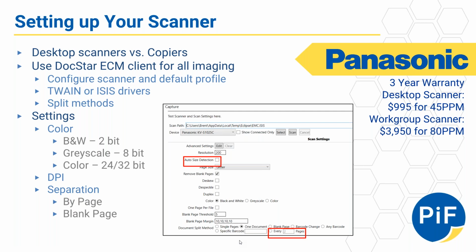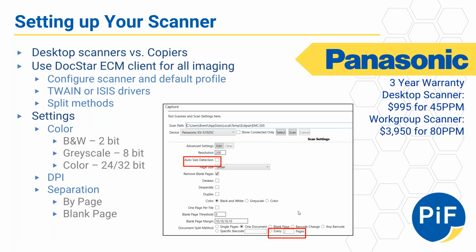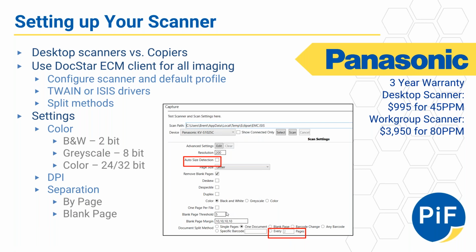Now, in some cases, it might be a mixed value in terms of the number of pages. So that's where we're going to use things like a blank page. The tough thing with a blank page, though, is that it doesn't always read blank. There's varying levels of white when it reads that page, and that's where those 2 items above, blank page threshold and blank page margin, come in. The threshold is how much white it actually sees on that page, or how blank it seems.